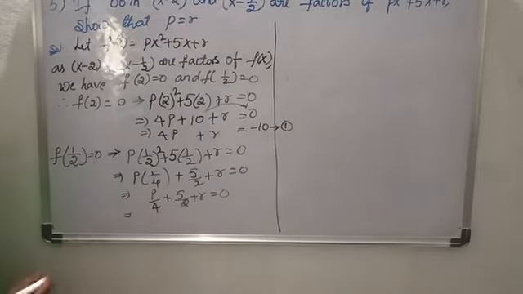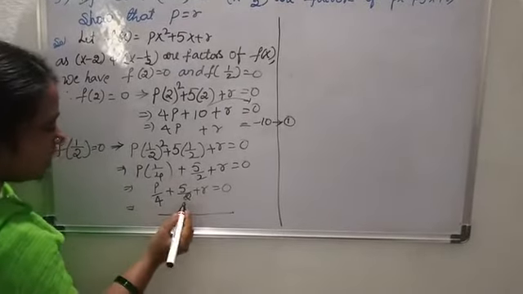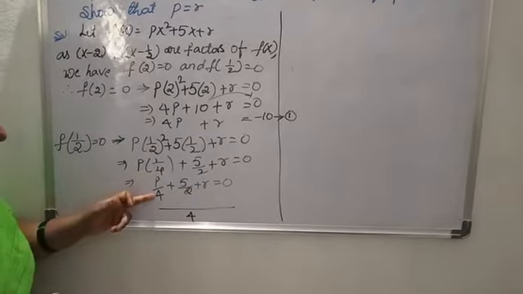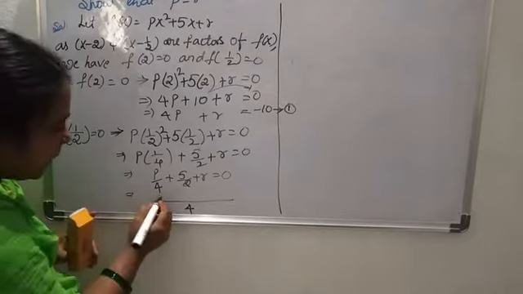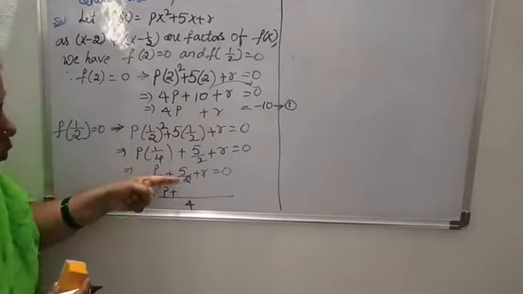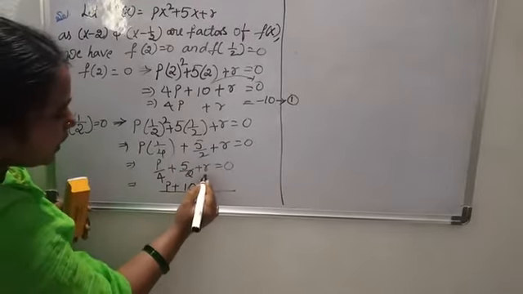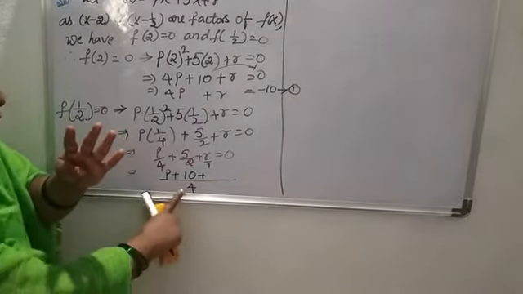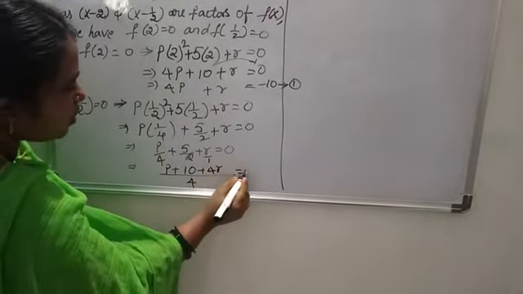Observe here we have two denominators, so do the LCM. LCM of 2 and 4 is 4. Now the first denominator is 4, 4 1s are 4, so 1p is p, plus 2 5s are 10, plus here there is no denominator, so we take 1, 1 4s are 4, 4r is equal to 0.